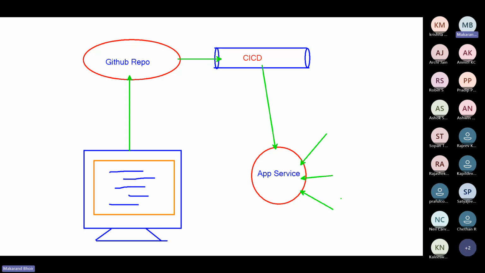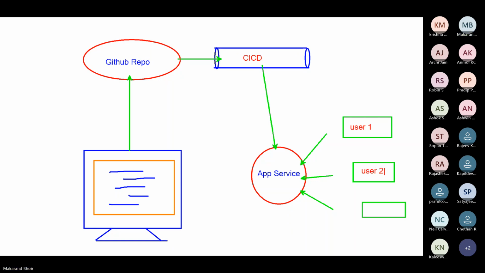So users can access it. This is user 1, user 2, user 3.